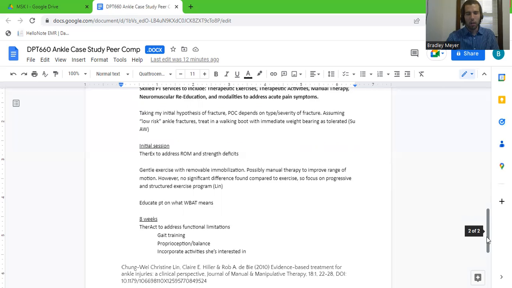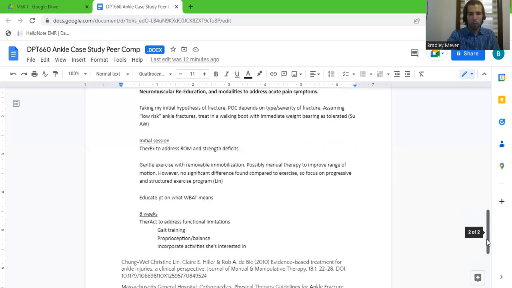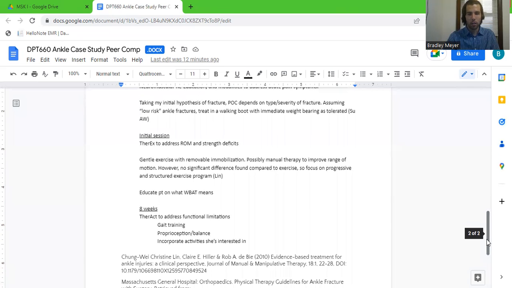Manual therapy can be used to improve motion, which I may choose to use, but it wasn't shown to be any better compared to exercise. So I would include some Therex to address those deficits, and then also provide patient education on what weight bearing as tolerated means.